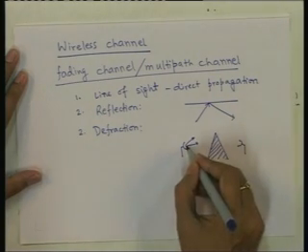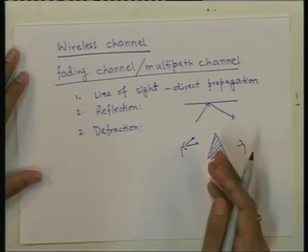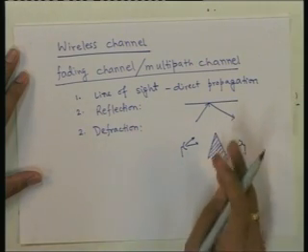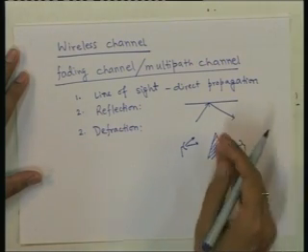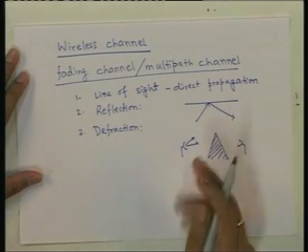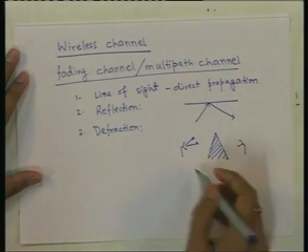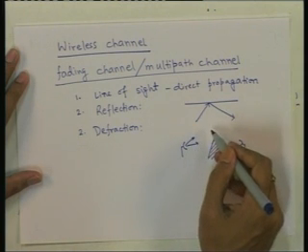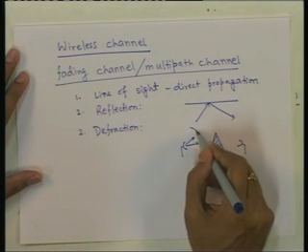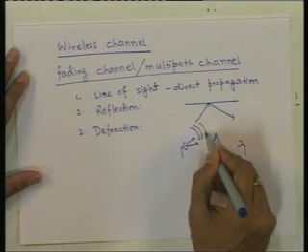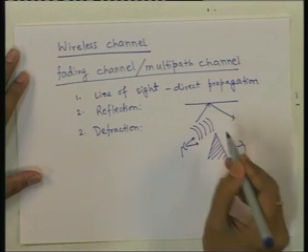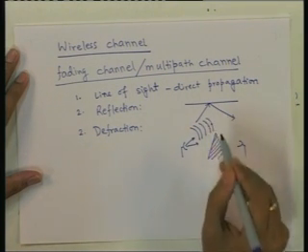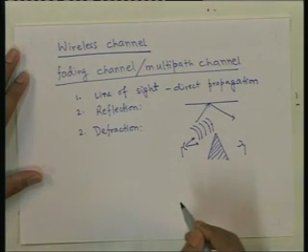So, theories were developed to justify reception of signal even in the shadow region, and one theory is that when a wave propagates, every point in the wave front behaves like a point source for the wave.